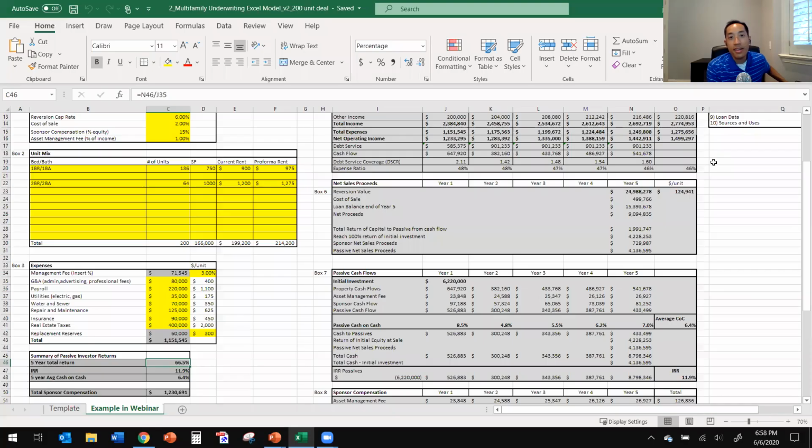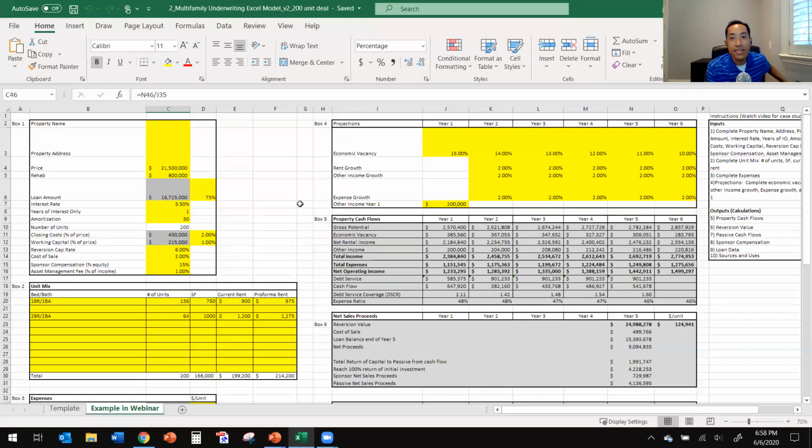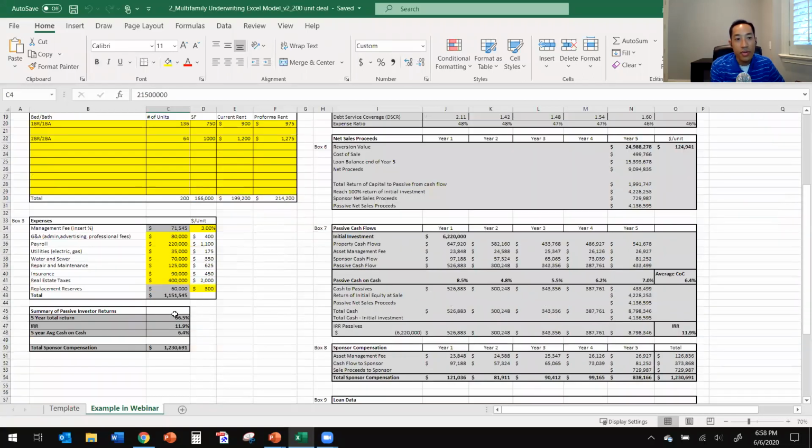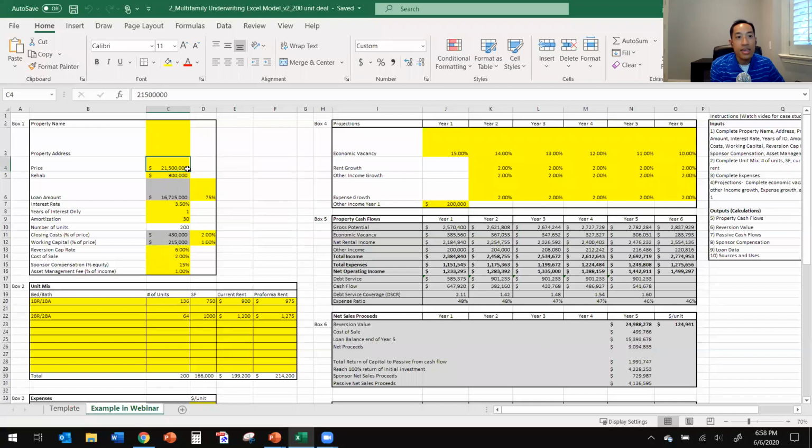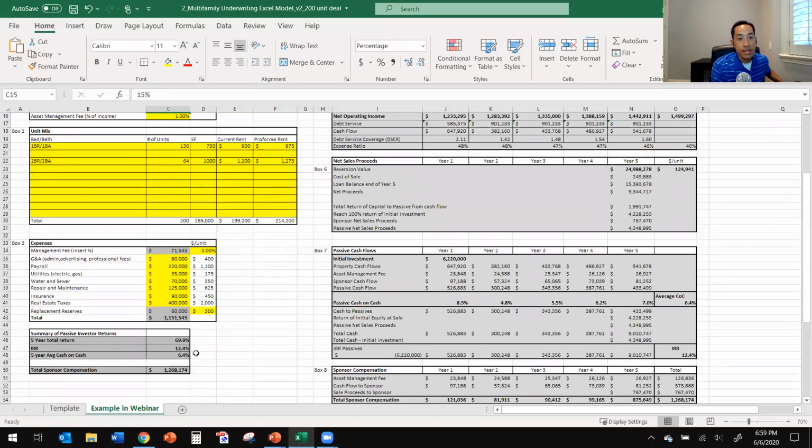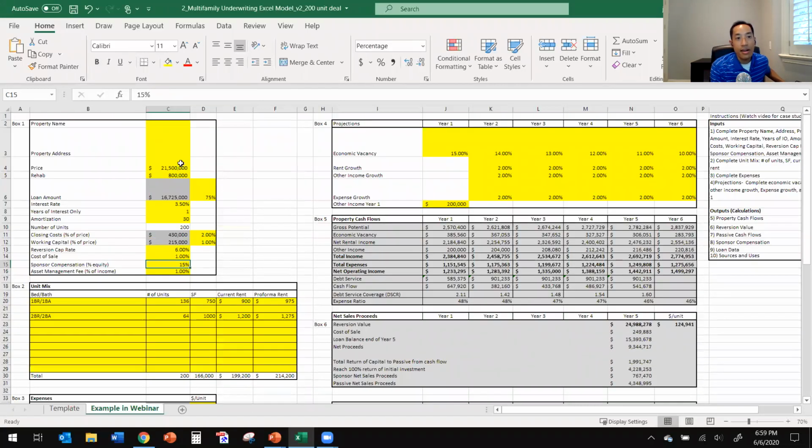So let's go back to the model, because you can see, if your return on 21.5 is 66 or so, then if you come in and adjust this, I think I had this at 1% cost of sale. So that gets back to your original base case.